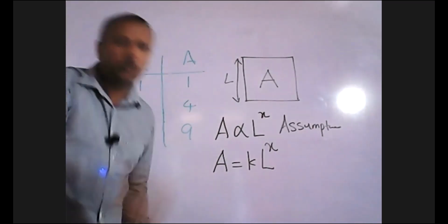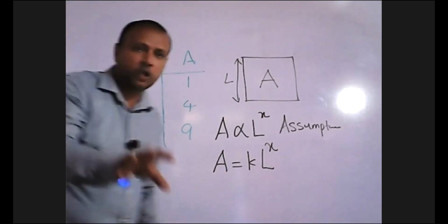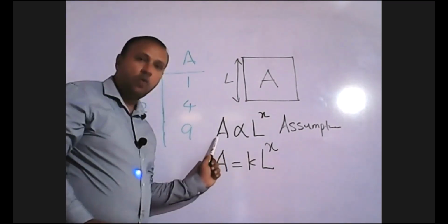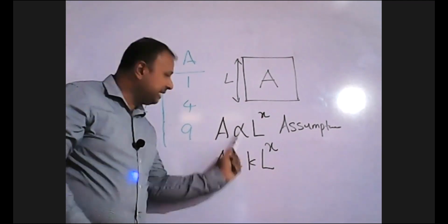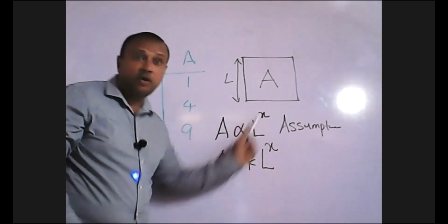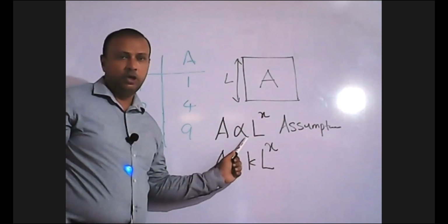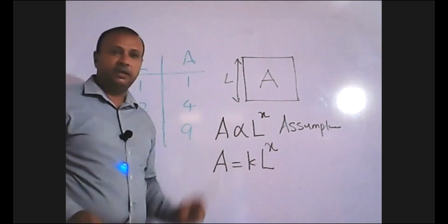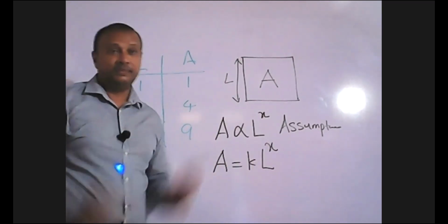That is my argument. What is my argument? I assume one physical quantity is directly proportional to some power of the other physical quantity. So according to that assumption, I can convert that into an equation. That is my logic.